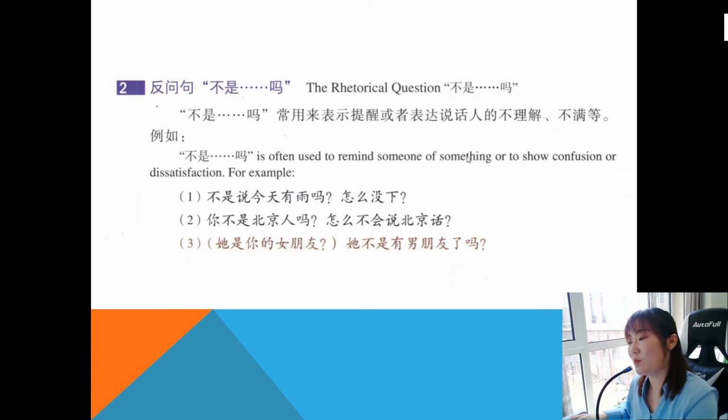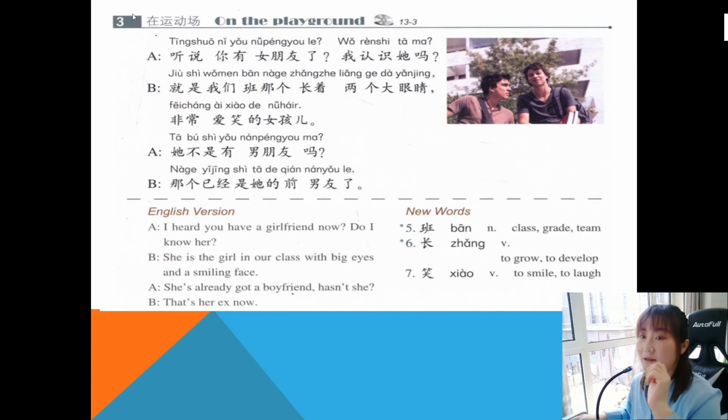That reminds someone of something or shows confusion or dissatisfaction. For example, 不是说今天有雨吗？怎么没下？So why not? To ask or to express confusion or dissatisfaction.